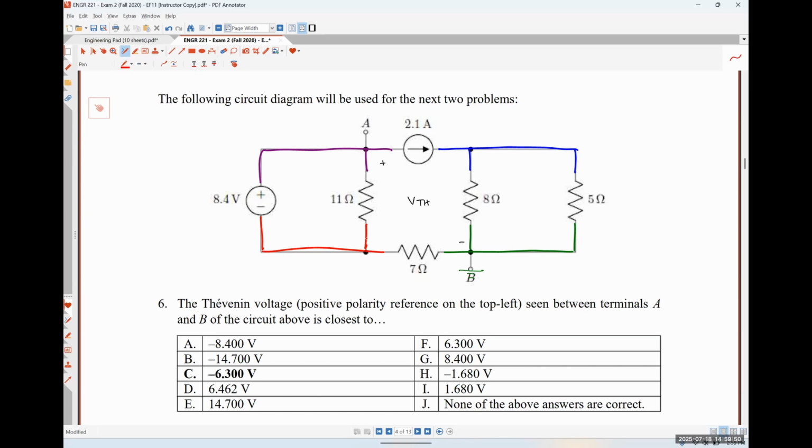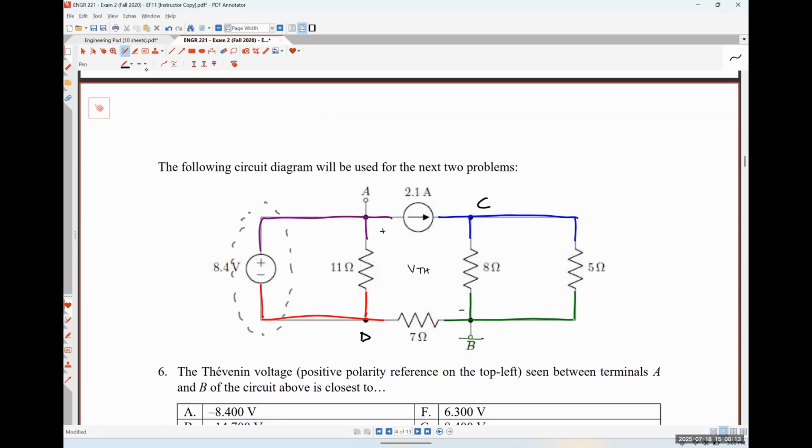So I have a supernode that doesn't contain ground. Actually, let me label some things here. Let's call this one C and this one D. So I will have the relationship 8.4 volts is equal to VA minus VD.